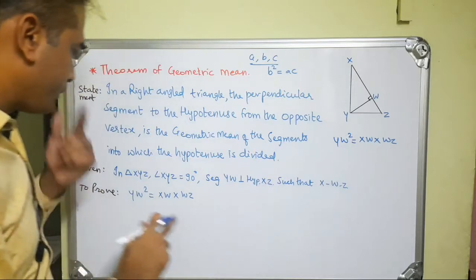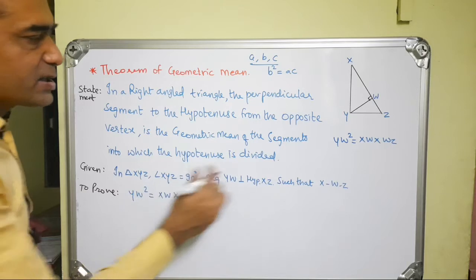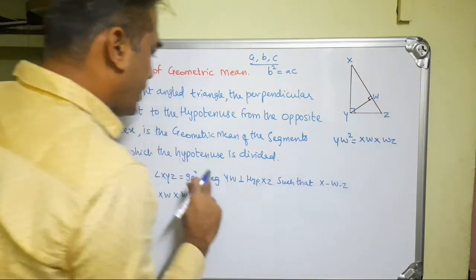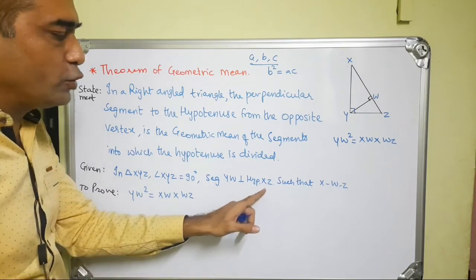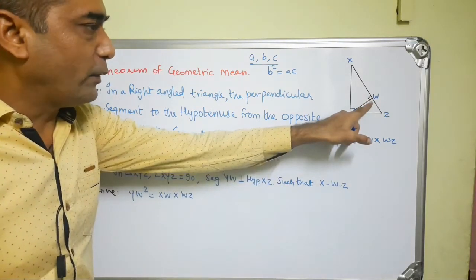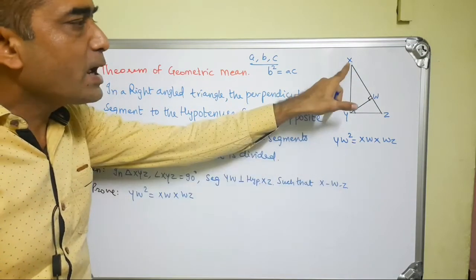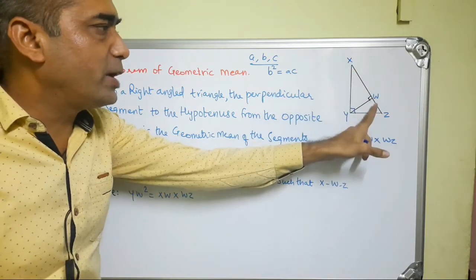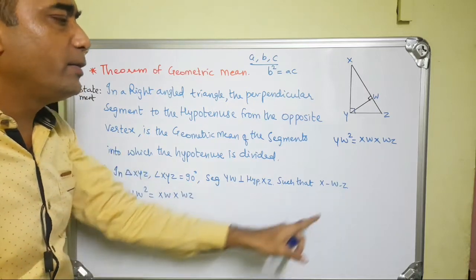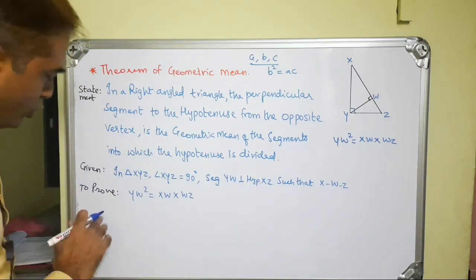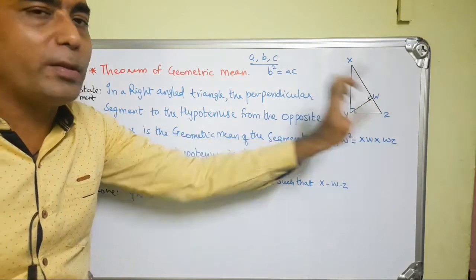Given: in triangle XYZ, angle XYZ is 90 degrees, and segment YW is perpendicular to hypotenuse XZ, such that X-W-Z are collinear points, where W is between X and Z. We have to prove that YW square equals XW into WZ.